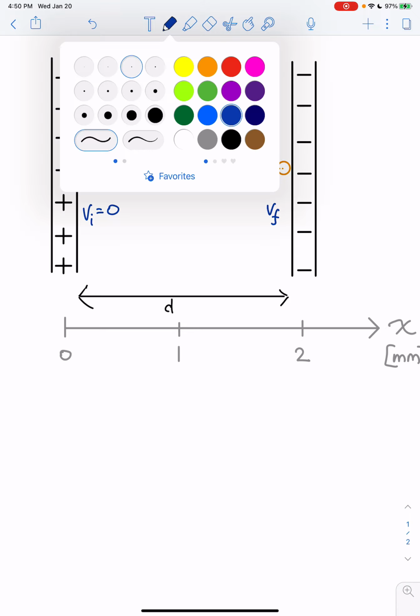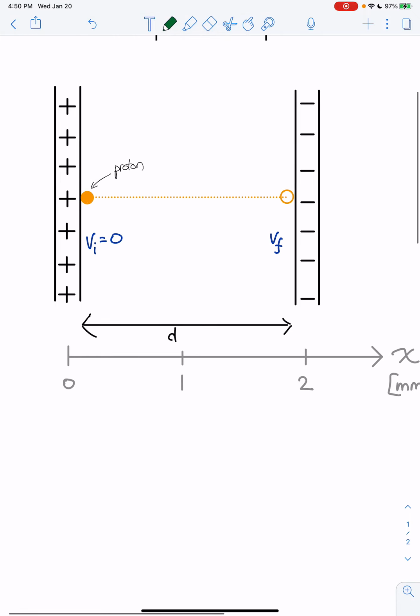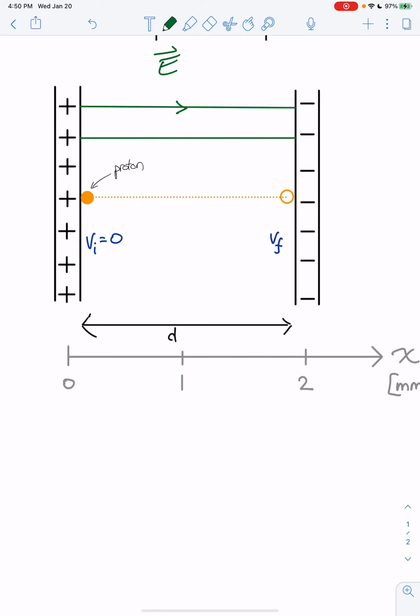All right. I'm also going to draw for reference the fact that we do have an electric field, and that electric field is going to be from the positive to the negative. And in between the plates, the electric field is going to be constant throughout.